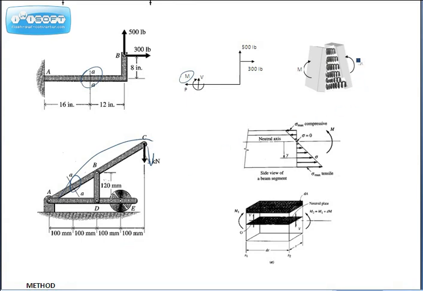The way the molecules respond to that is they tend to be in tension in one part of the cross-section and in compression in the other part of the cross-section. The amount of stress tends to be larger at the outermost fibers.